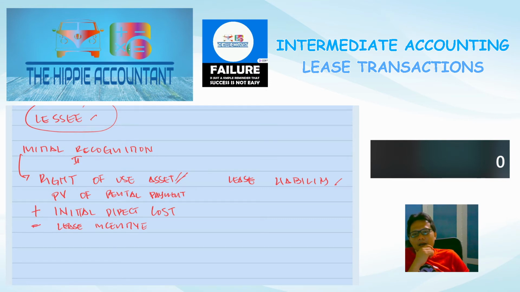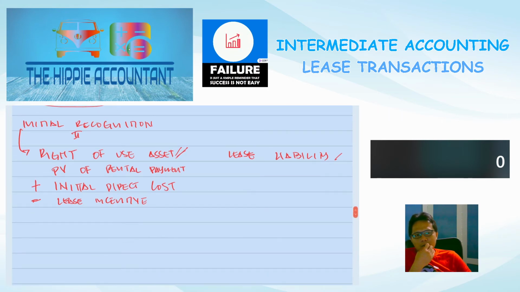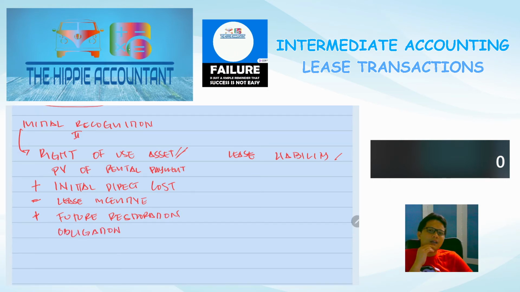Okay? Ano pa ba yung component ng right of use asset? Yung mga tinatawag natin na future restoration obligation. Okay?